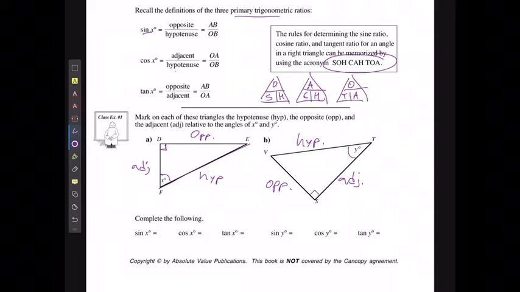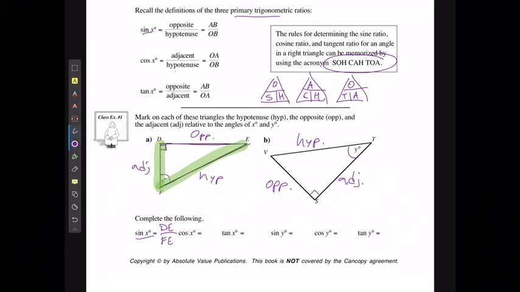If I'm stating what sine of x is, sine of x is going to be the opposite, which is created by side length d to e, divided by the hypotenuse, which is side length f to e, or e to f. It doesn't matter if you put them in the opposite order. If I'm stating what cos is, cos is going to be the adjacent, df or fd, divided by the hypotenuse.